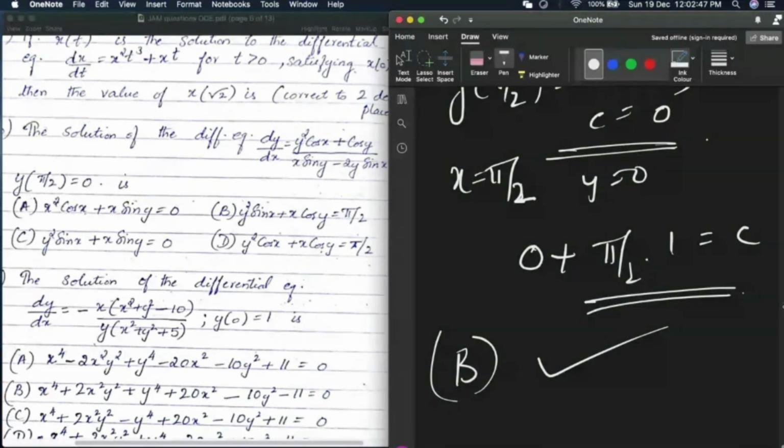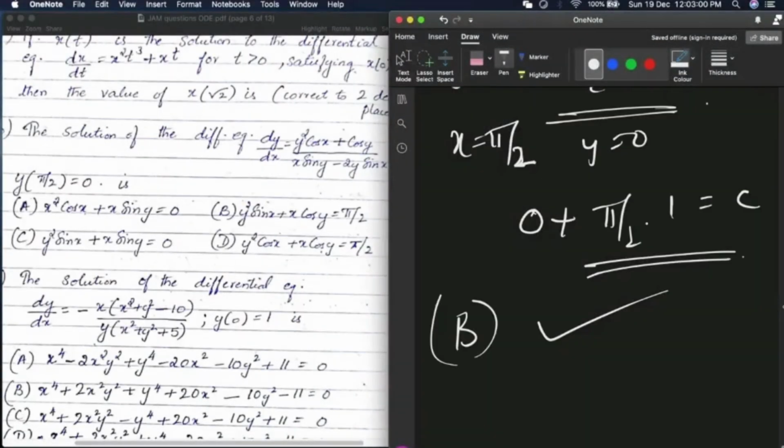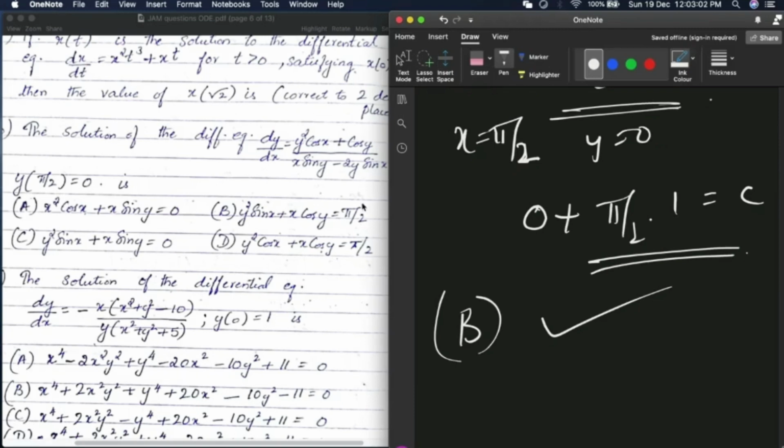The solution of the differential equation dy by dx is equal to minus x into x square plus y square minus 10 by y into x square plus y square plus 5, where y0 is equal to 1. I think this also will come exact.